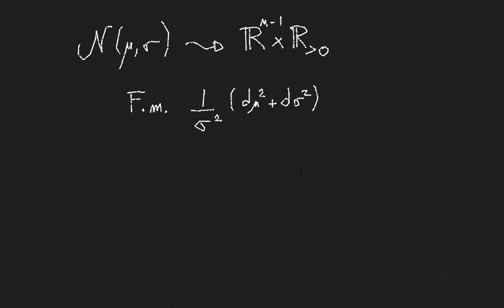So this is the so-called hyperbolic metric. So in 2 variables it is the hyperbolic metric on the upper half plane. This is R, this is R greater than 0.